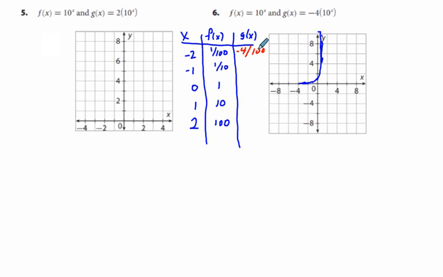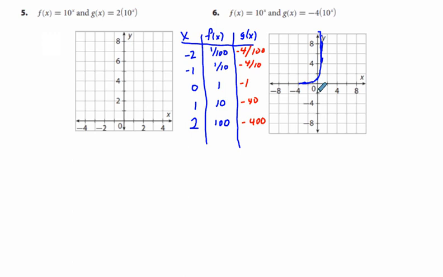Negative 4/100, which is negative 1/25. We have negative 4/10, which is going to be negative 2/5. We're going to have negative 4 here. We're going to have negative 40. We're going to have negative 400.